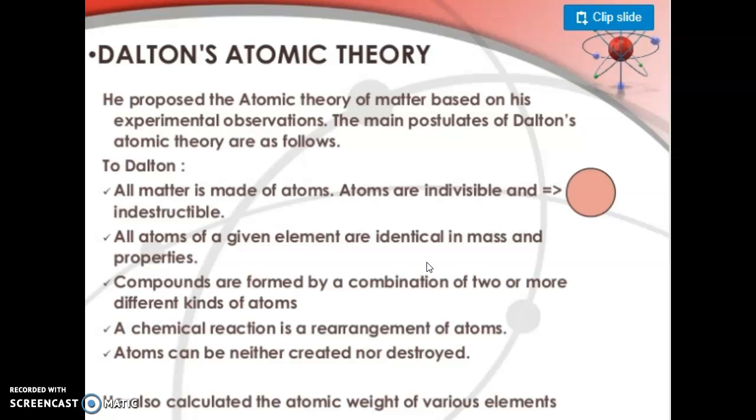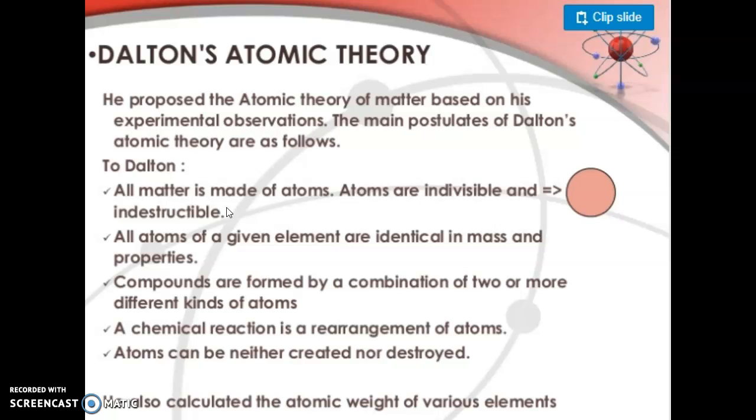He proposed some postulates, which are given in Dalton's atomic theory. The first postulate is all matter is made of atoms, and atoms are indivisible and indestructible. So we cannot create or destroy atoms.